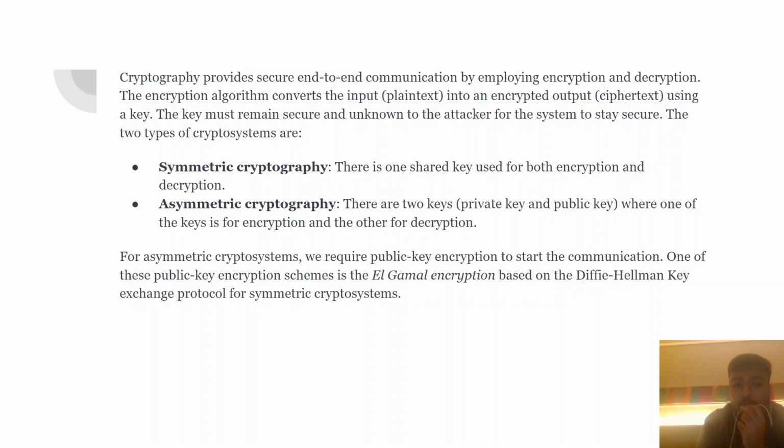For asymmetric crypto systems, we require public key encryption to start the communication. One of these public key encryption schemes is the ElGamal encryption, based on the Diffie-Hellman key exchange protocol for symmetric ecosystems.